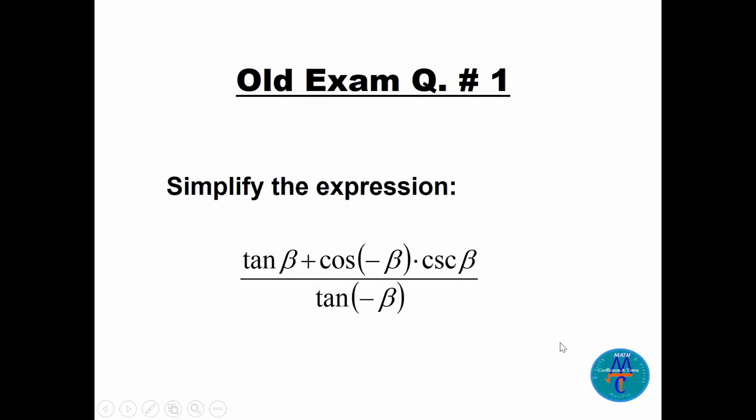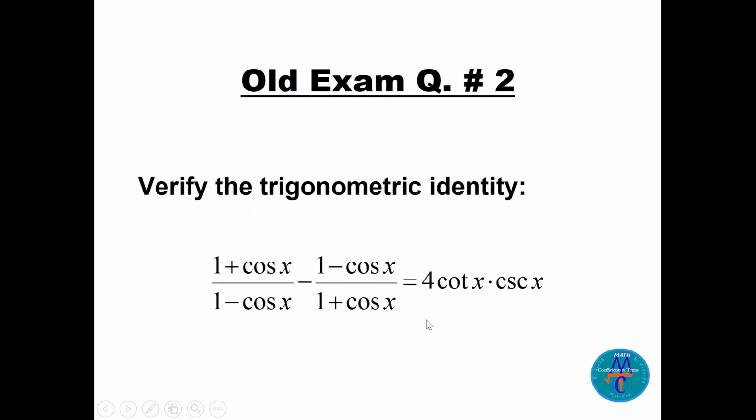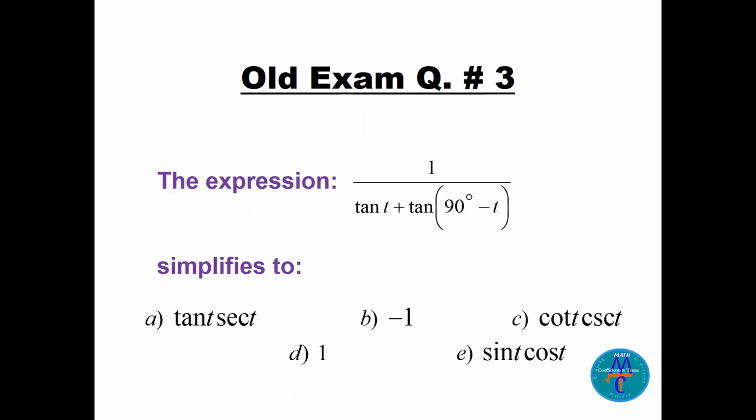Now, usually I leave some questions, all the exams questions, to practice. Simplify this expression, tan beta cosine minus beta times cosecant beta divided by tan of minus beta. See the answer. Let's verify. This is a really nice question here. Let's verify the identity.